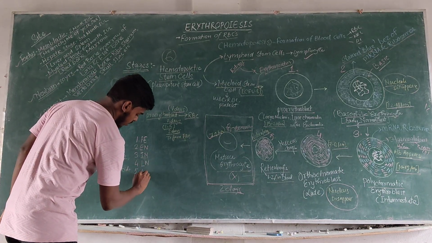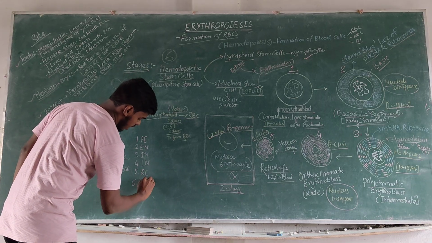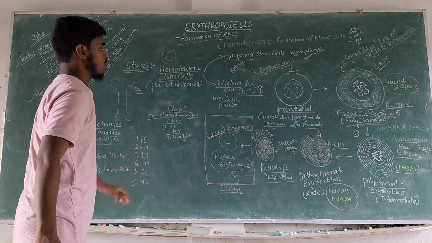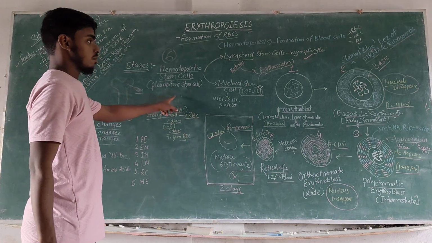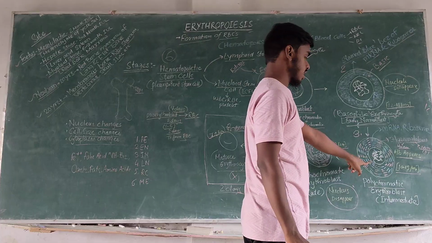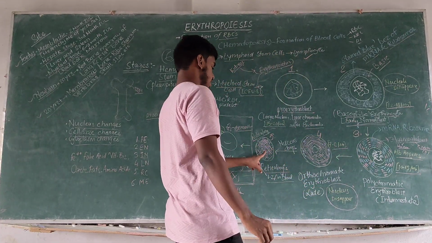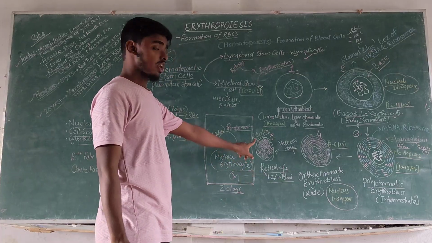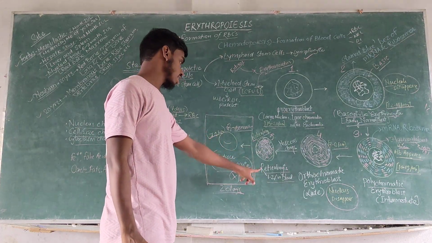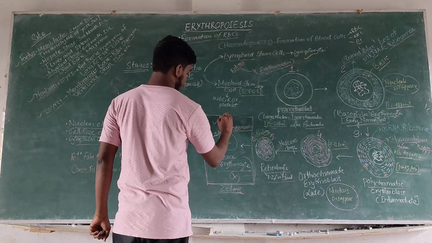Fifth stage, reticulocyte. And sixth stage, mature erythrocyte. And the important things: in the second stage, nucleoli disappear. In the third stage, hemoglobin appears. In the fourth stage, nucleus disappears. In the fifth stage, reticulum appears. That's why it's called reticulocyte. In the sixth stage, the cell becomes mature and it is ready to go.